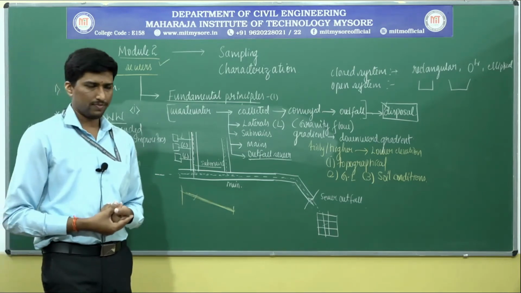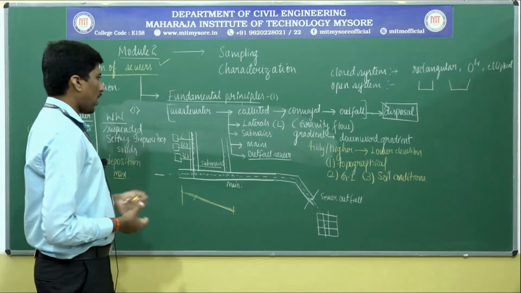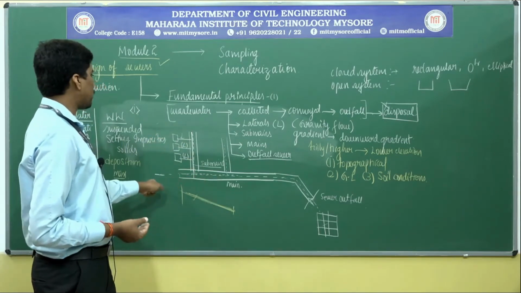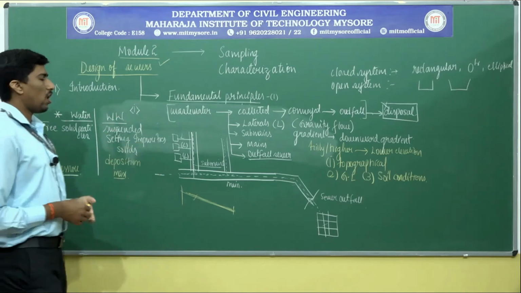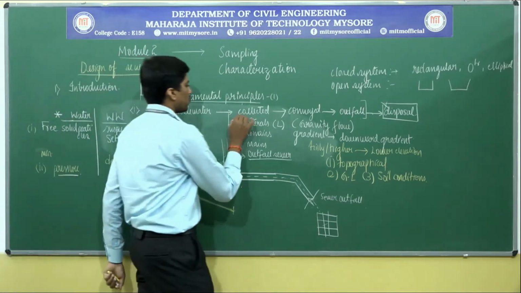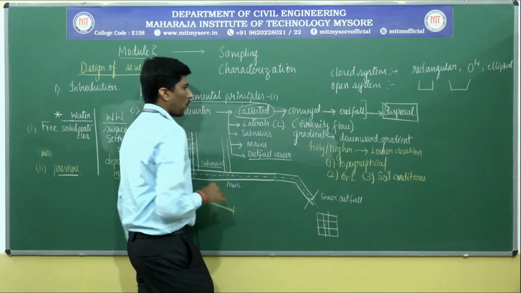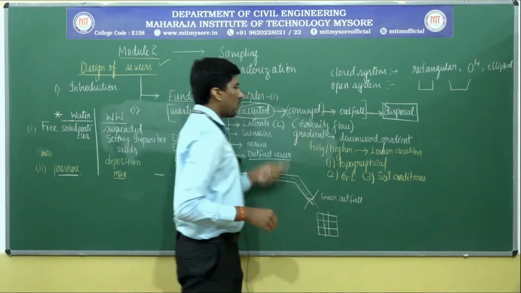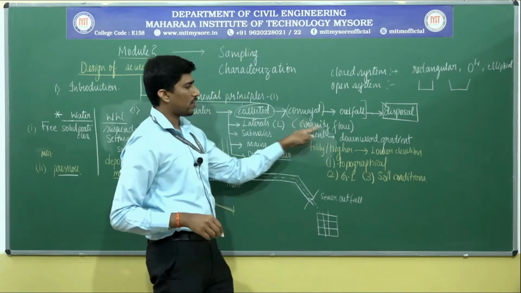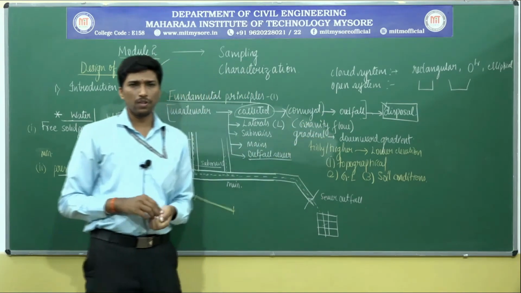I hope you have understood the concepts related to the fundamental principles: how it has to be collected, which types of sewer systems are provided, and that conveyance is the major part because the flow condition is under gravity, not under pumped flow.